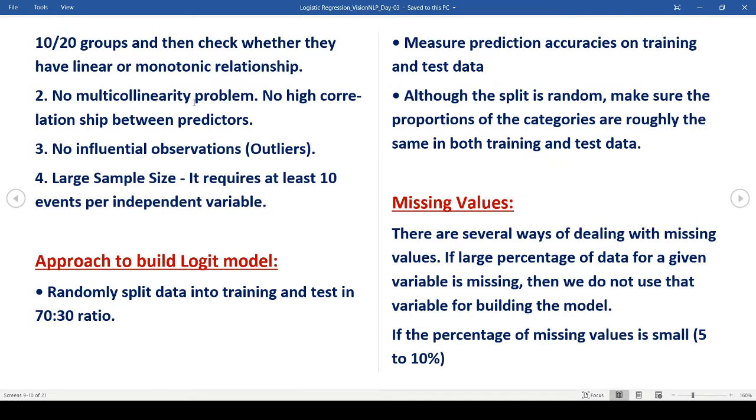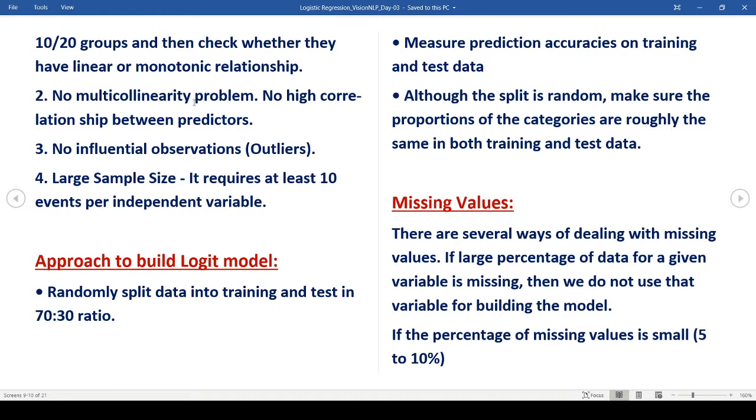In linear regression we have multicollinearity, which is why we deal with r square, adjusted r square and all such things. And here there are no influential observations. I was talking about outliers. Outliers are found when you draw a box plot.